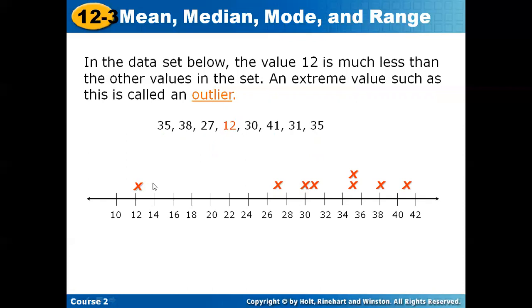So that number 12, we call an outlier. An outlier is a data value that is much greater or less than the other values in the given set.